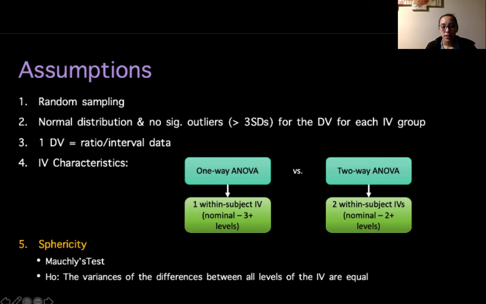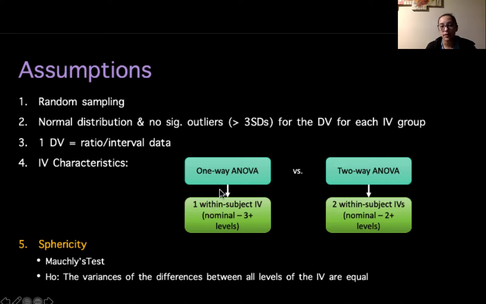For our assumptions, they're pretty much the same as last week in terms of our random sampling, our normal distribution with no significant outliers, and the type of dependent variable that we're using. So still a single dependent variable that is ratio or interval data. For our independent variable characteristics, the only thing that's changing is that instead of a between subject factor, we have a within subject factor.